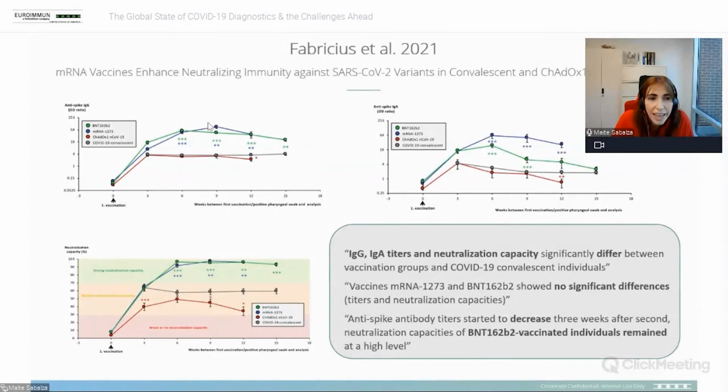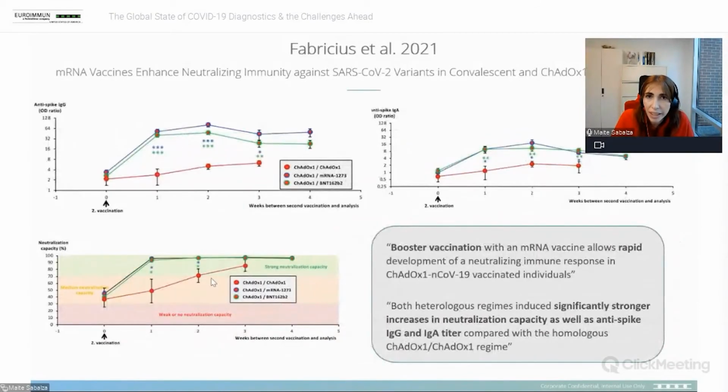So we can see that there is the same pattern in the 3 graphs for IgG detection, IgA, and neutralization. There is a difference between the vaccine types, and there are no significant differences between the mRNA vaccines. However, in the case of AstraZeneca, the antibody concentration as well as the neutralization capacity was lower compared to the mRNA vaccines.